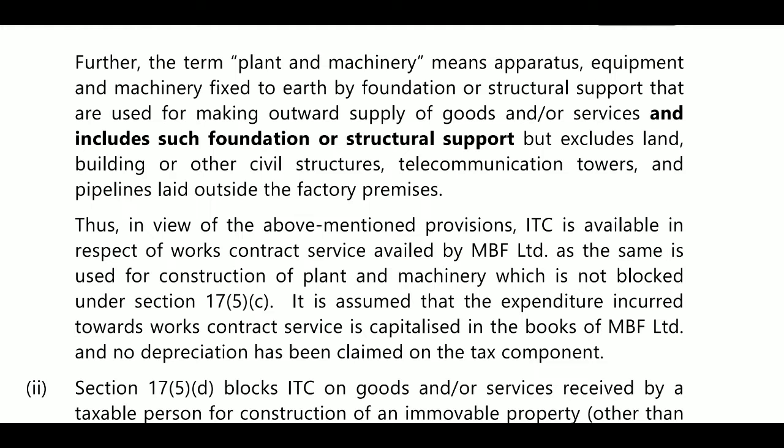So these will not come under plant and machinery, even though they are attached to the land. If you construct these three items, ITC is not allowable, that is blocked credit.